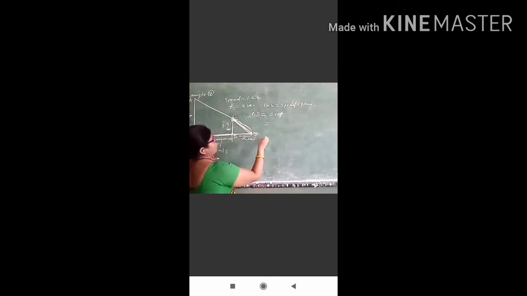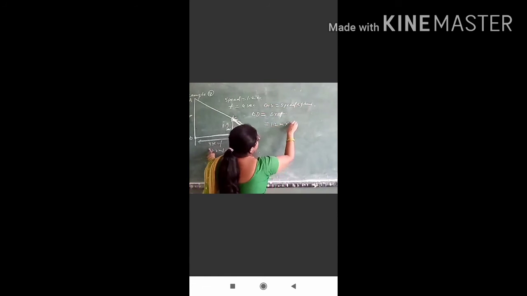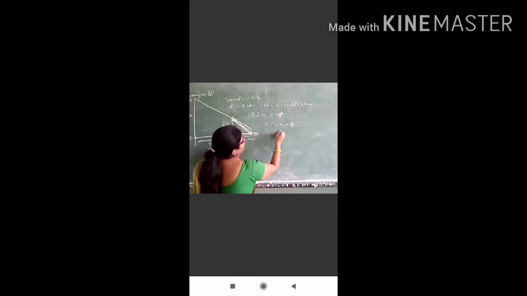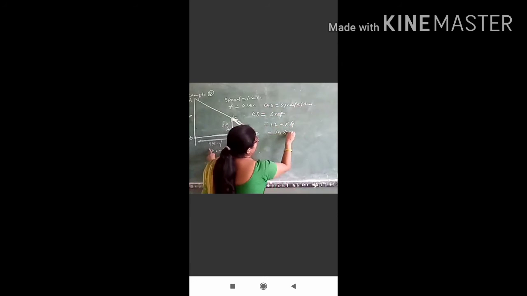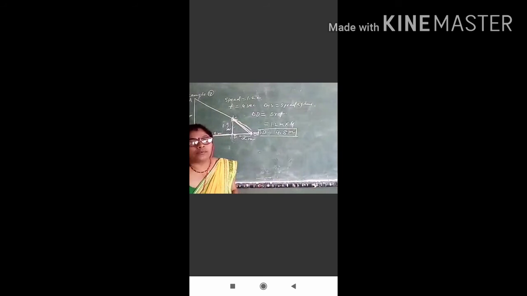So BD is equal to the speed, 1.2 meter, into the time, 4 seconds. 4 2s are 8 and 4 1s are 4. That means BD is equal to 4.8 meters. Anybody have any doubt? From where I have written there, BD is equal to 4.8 meters.